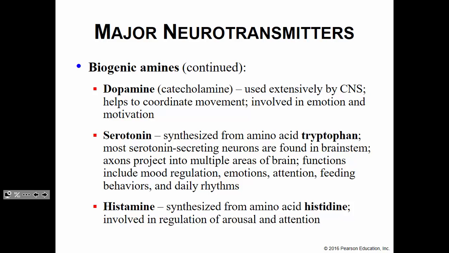It helps with your mood regulation, your emotions, your attention, your daily rhythms, and your feeding behaviors. And then the last one is histamine, that is made from the amino acid histidine. And it is involved with arousal and attention. And outside the nervous system, it's a mediator of allergic responses.